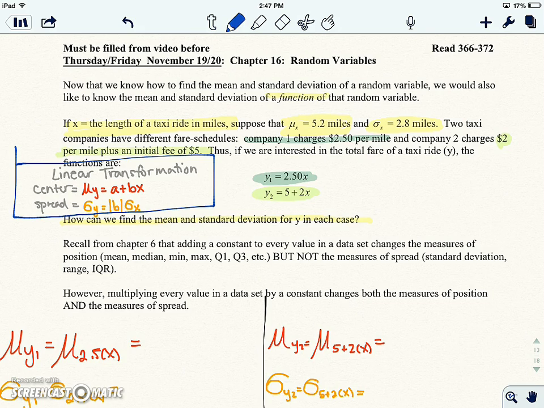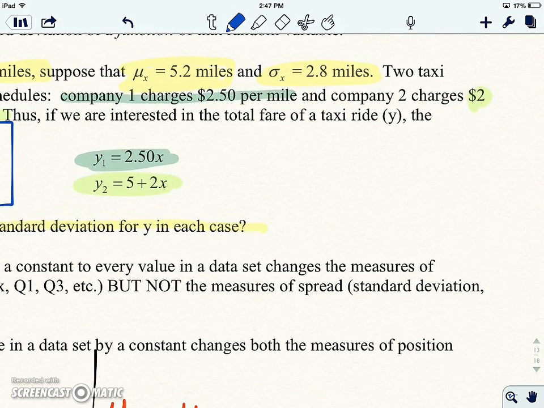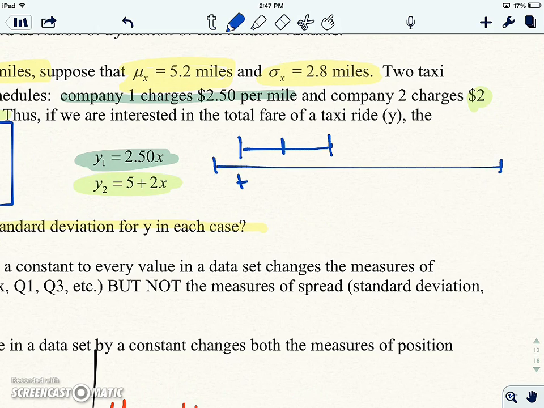Before that, let's recall from Chapter 6 that adding a constant to every value in a data set changes the measures of position, mean, median, min, max, Q1, Q3, etc., but not the measures of spread. So if we had some data, here's our center, where this is 0, this is 1, 2, 3, 4, this is 5.